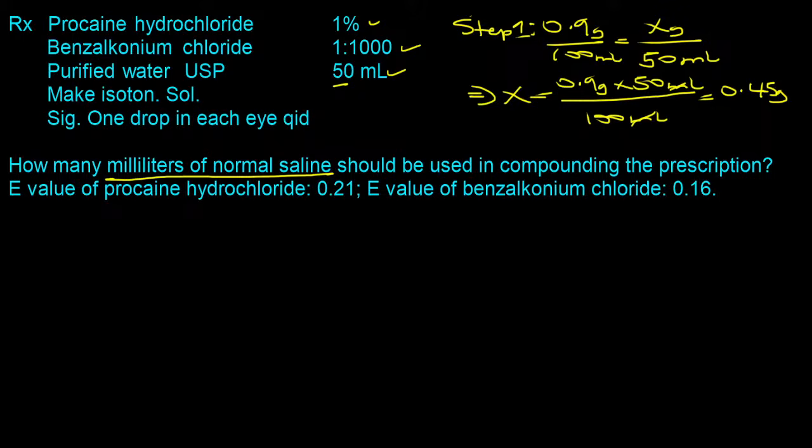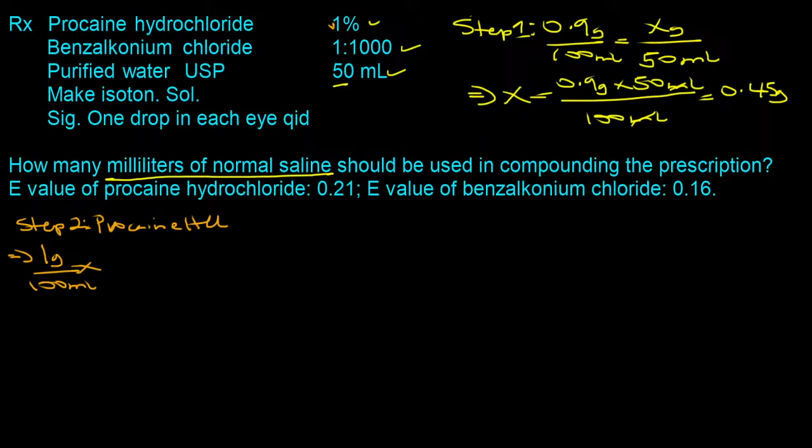Okay. Now, once you are done with that, you want to move on to step 2. And in step 2, we want to find the contribution from the Procaine hydrochloride and then the Benzalkonium chloride. So let's start off with the Procaine hydrochloride. And since that is a percentage concentration, we are going to do 1 gram over 100 milliliters. So the reason we are doing that is 1% implies 1 gram of something out of 100. Okay, so that's where it's good to recall your percentage concentrations.